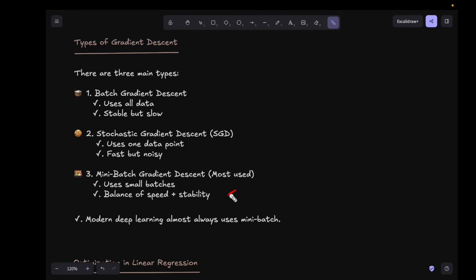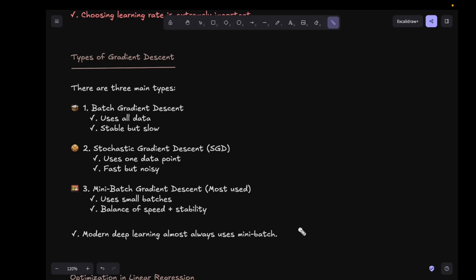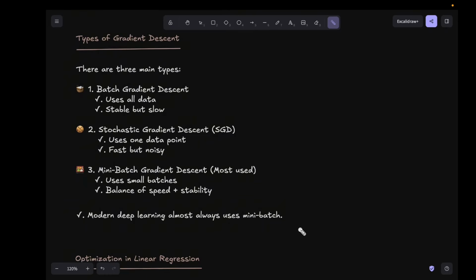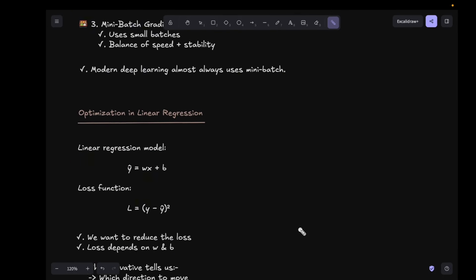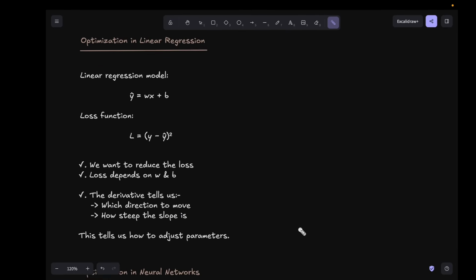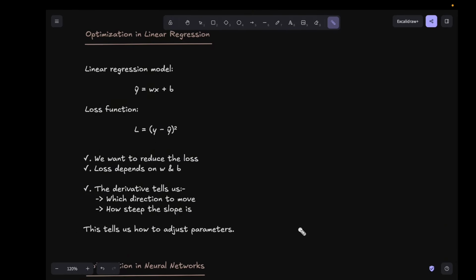But mini batch gradient descent balances speed and is also stable because of small batches, so it is the most usable of all three kinds. So that's how gradient descent is used. So now we discuss optimization in linear regression.